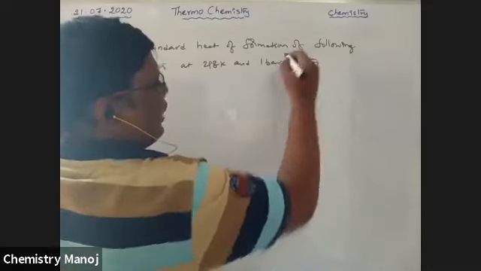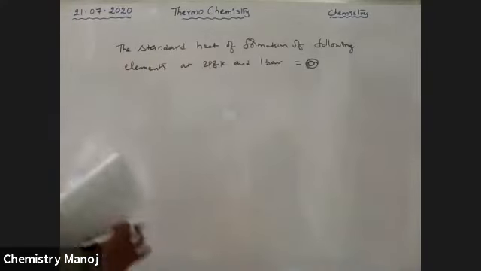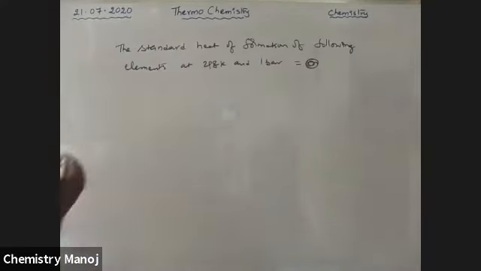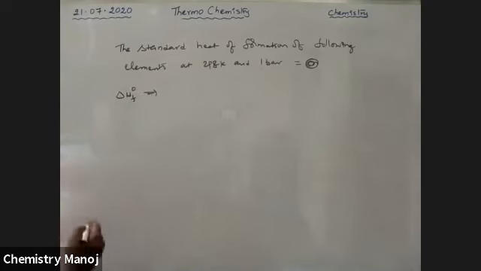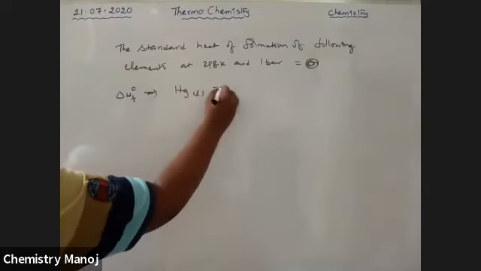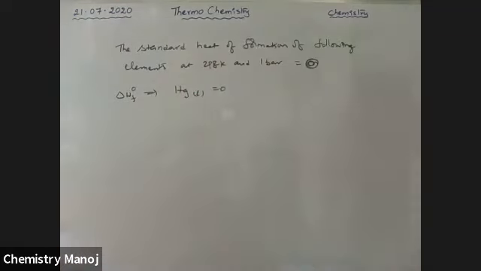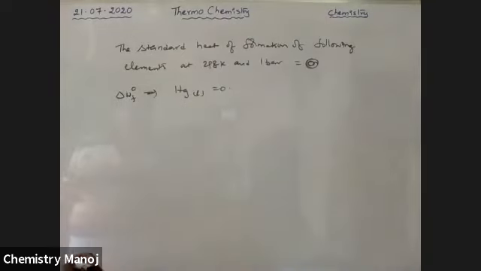It is arbitrarily taken as 0. Those elements are, delta H f naught, the standard heat of formation of that particular element. Mercury, in the liquid state, is taken as 0. Please try to mind it. So the standard heat of formation of liquid mercury is taken as 0.